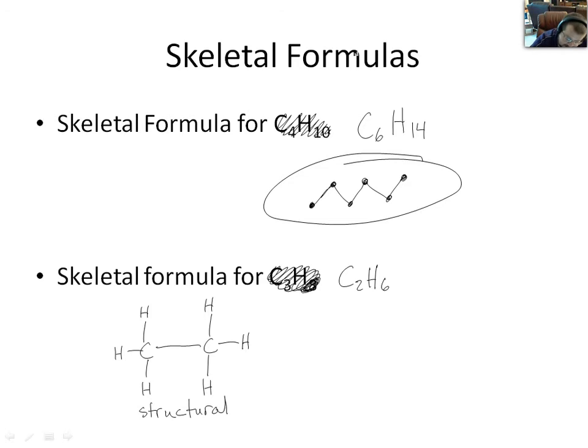If we were to condense this, the condensed formula would pull all the H's in next to their carbons, so we would have this. And the skeletal just shows the carbons, so I'm going to have 1 carbon, 2 carbons. This would be our skeletal.